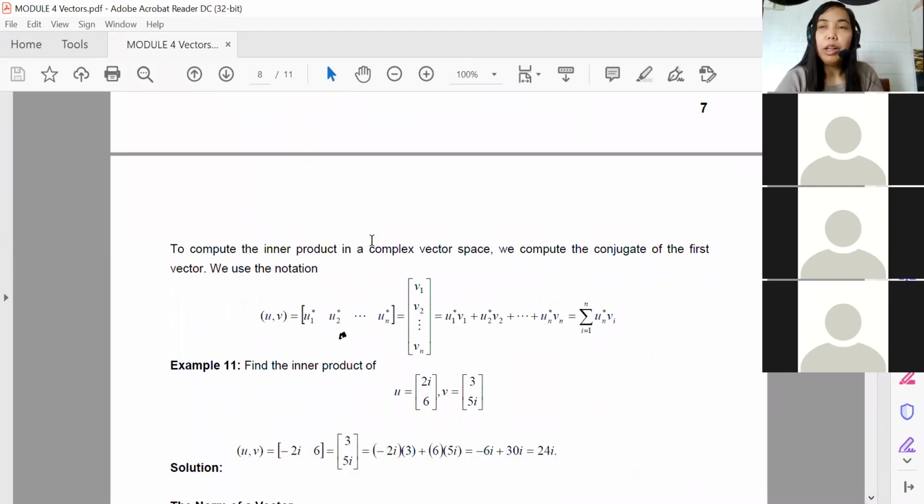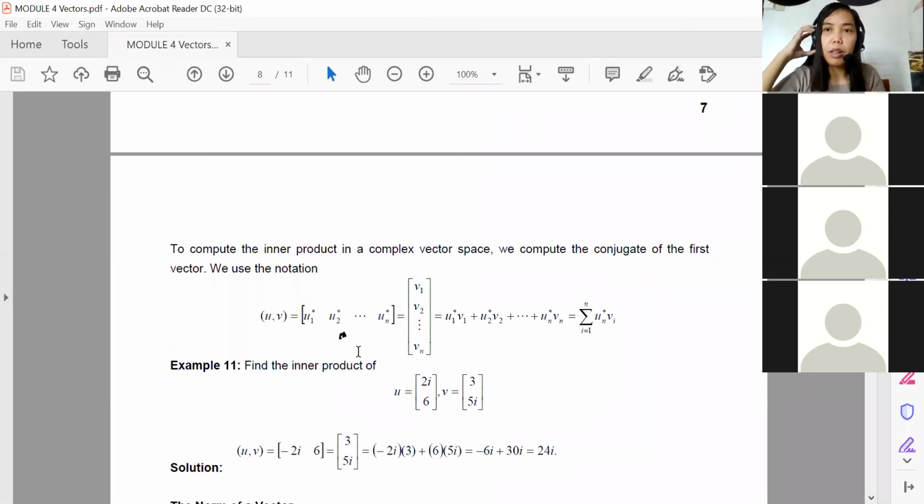So that is for inner product for real number vectors, for real vector space. So how are we going to compute inner product for complex? We compute the conjugate of the first vector. So we will compute the inner product, uv. So kailangan yung kunin, you transpose your u and then get the conjugate.